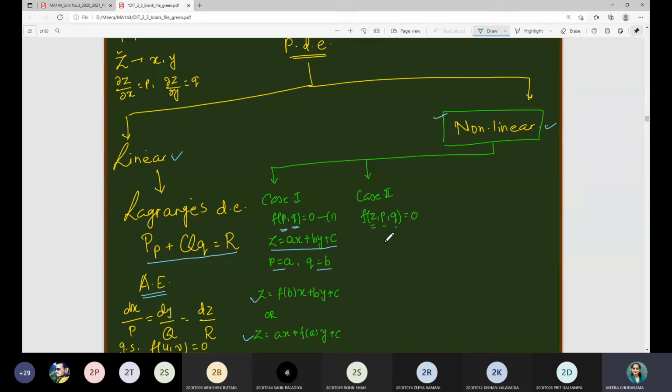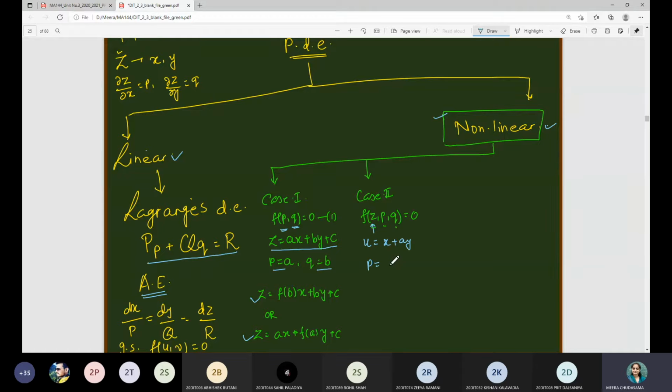Case 2 we considered in the last class, where we now involve the dependent variable z in the expression. In that case, we assume that u is equal to x plus ay. After that, from the chain rule, we find the values of p and q.